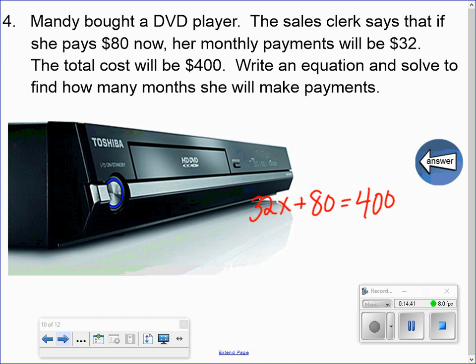So the number of months would be x. The total cost would be the $400. So if we know that the $32 a month plus 80 should give you the total cost of $400.